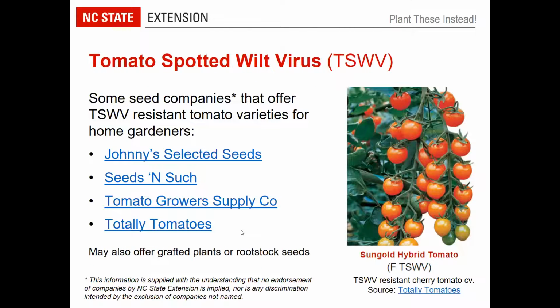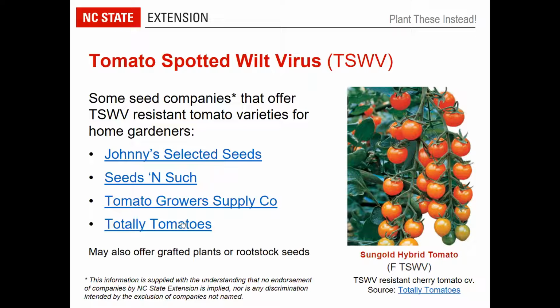And here's where I mentioned that I have included the names of the seed companies that I was looking at in their catalogs and the varieties they list, just to double check and make sure they're available on the market for gardeners. Of course, when we do list seed companies or any types of products, it's as a convenience and it is not an endorsement for the companies that are listed or any discrimination against companies that aren't listed.